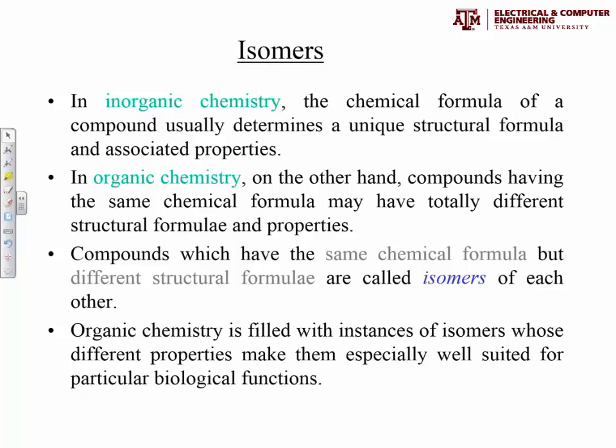And organic chemistry is filled with instances of isomers whose different properties make them especially well suited for particular biological functions. Even in the food that you eat, you're taking in certain molecules, and you have the necessary enzymes to process these molecules. If somebody gives you exactly the same molecular formula for something that has a different structural formula, you probably die because you cannot process that.